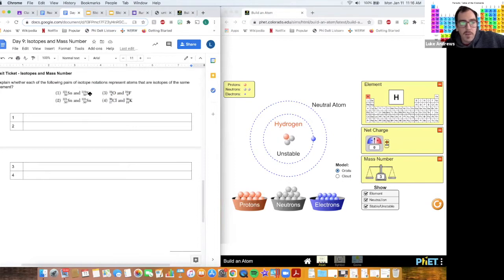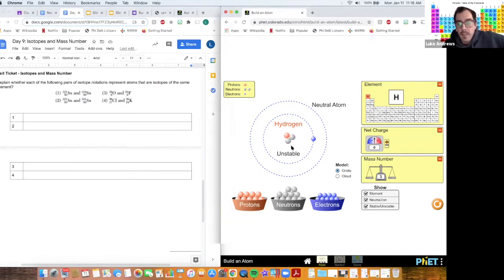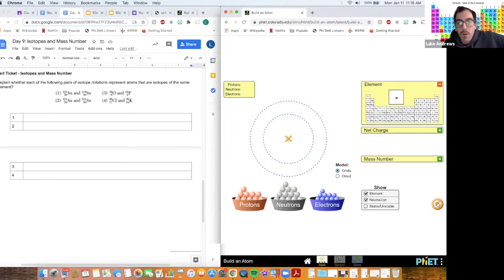So if we look at this guy right here, we have 121 Sn, Sn is tin, and 119 Sn. My simulation doesn't go all the way up to 119, so I'm going to approximate this with beryllium.